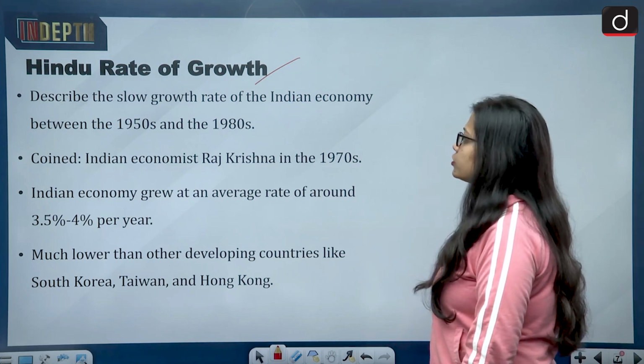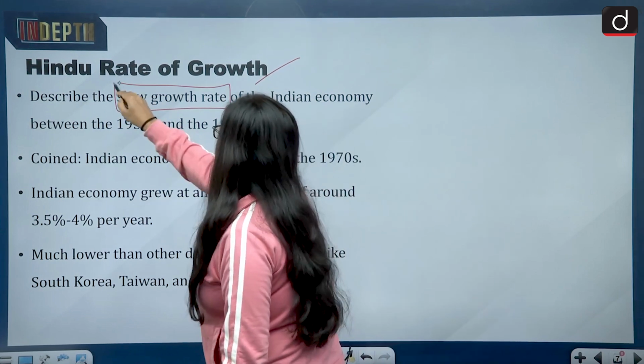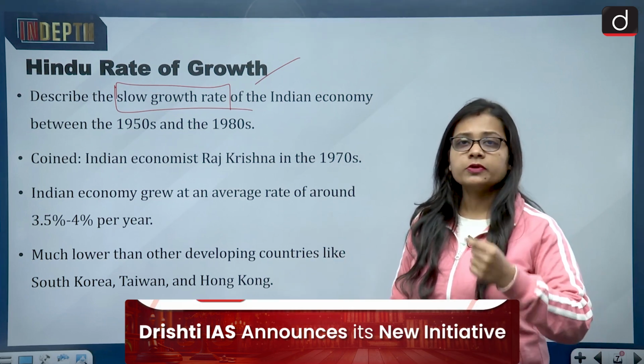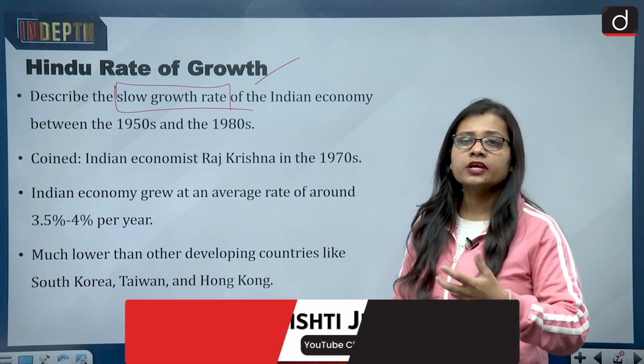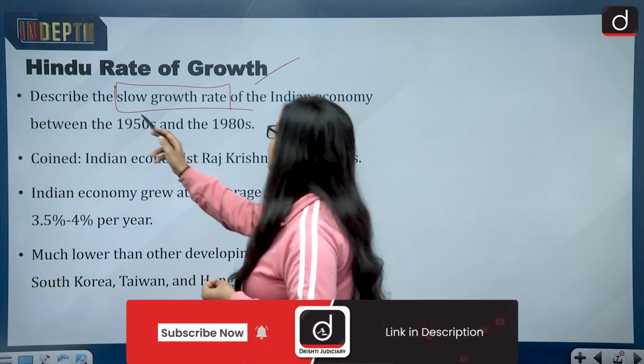So the Hindu rate of growth is described as the slow growth rate. It has been said that when the GDP of a country grows at a very slow pace, then it is regarded as the Hindu rate of growth.